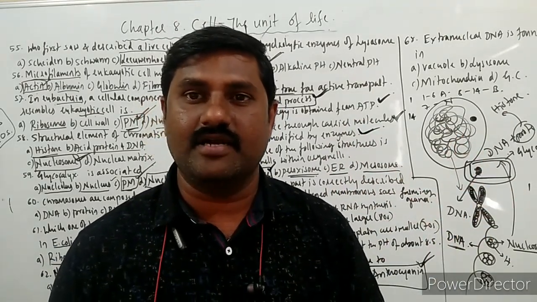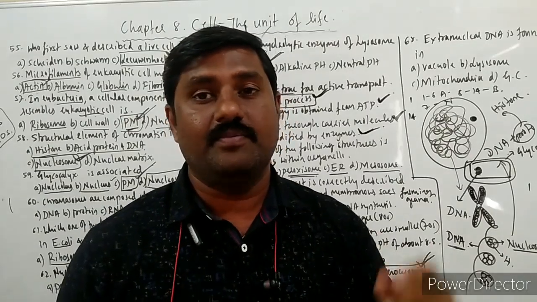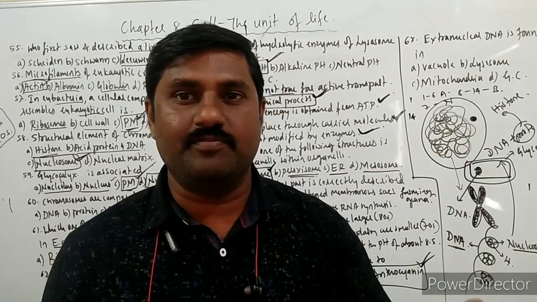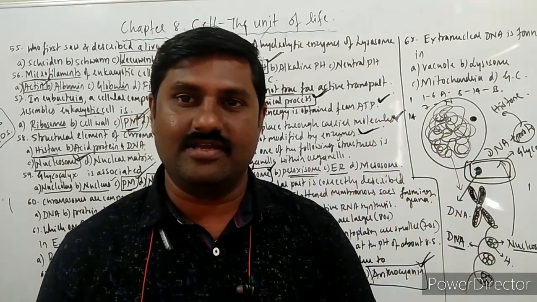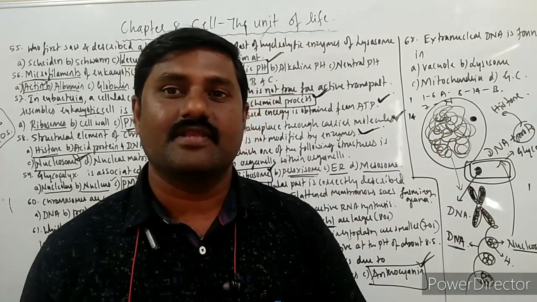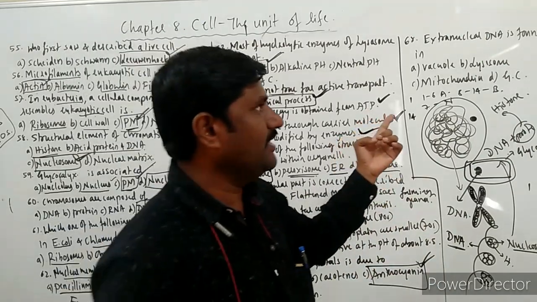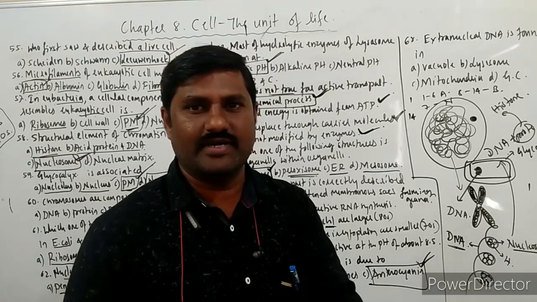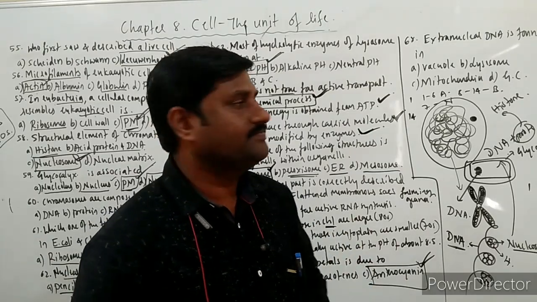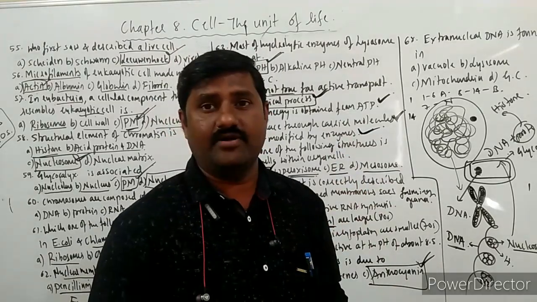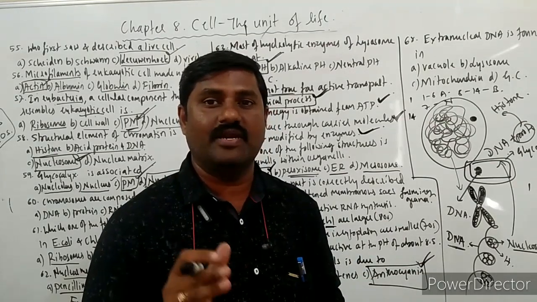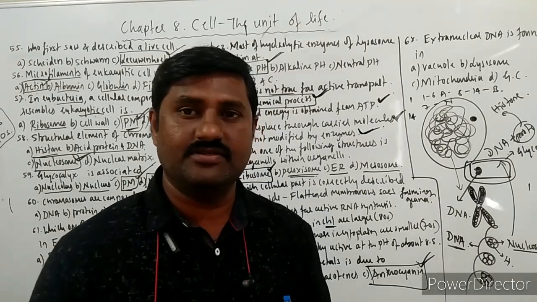In case of prokaryotic cell, plasmids are extra chromosomal self-replicating circular DNAs. They are also extra nuclear, since there is no nucleus, that's why I said. In case of eukaryotic cell, mitochondria and chloroplast are double membrane bound cell organelles, right?